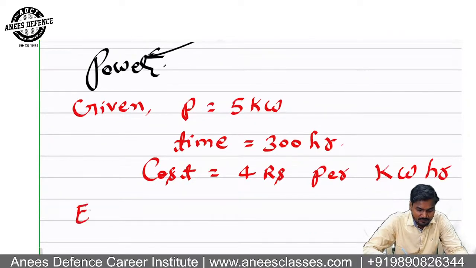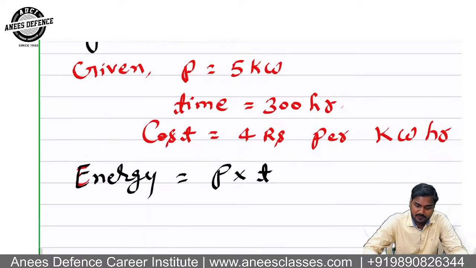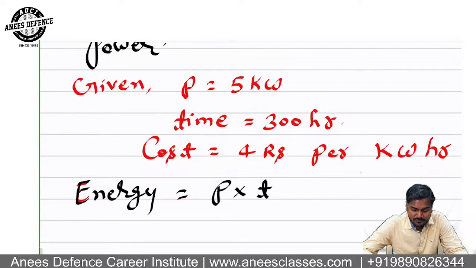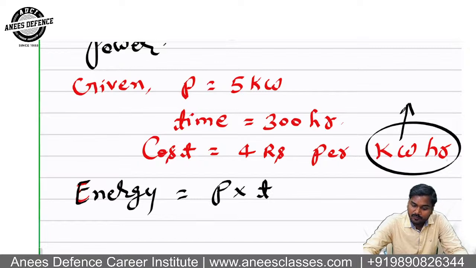Energy is nothing but power into time. Since the cost has to be calculated according to kilowatt hour, power should be in kilowatt and time should be in hour.